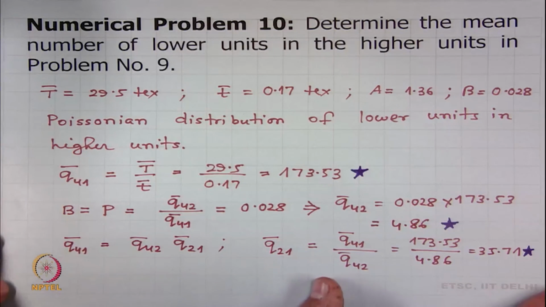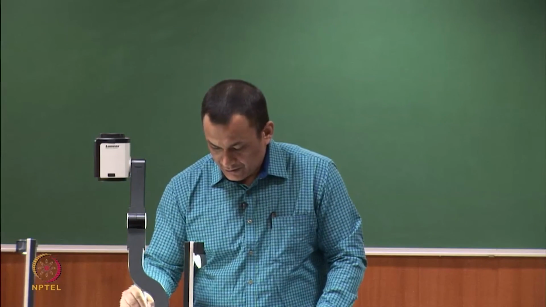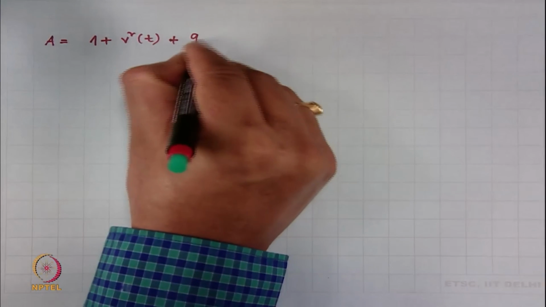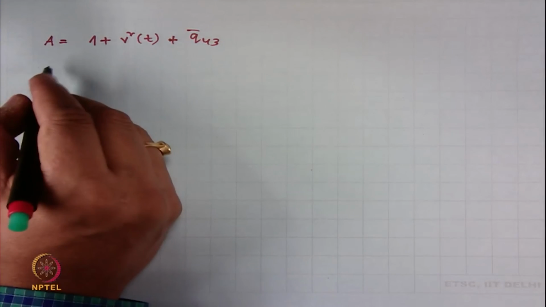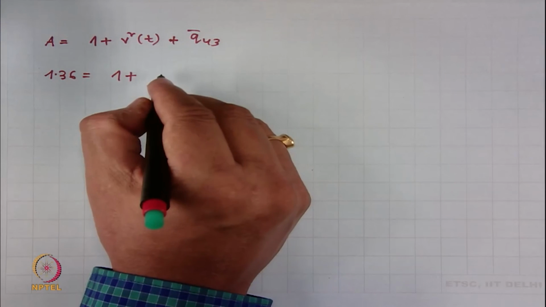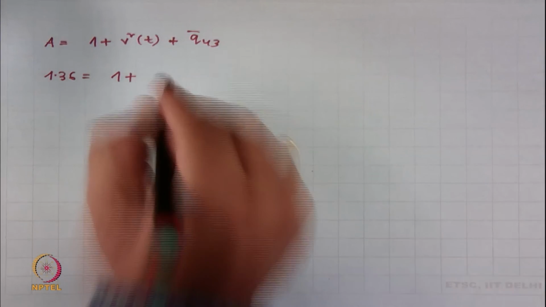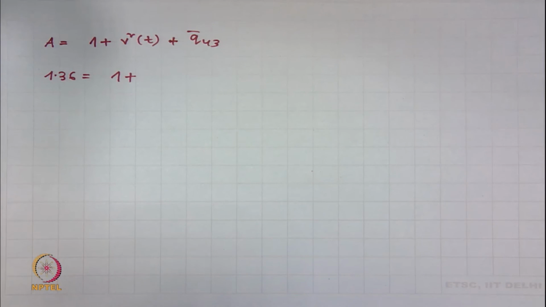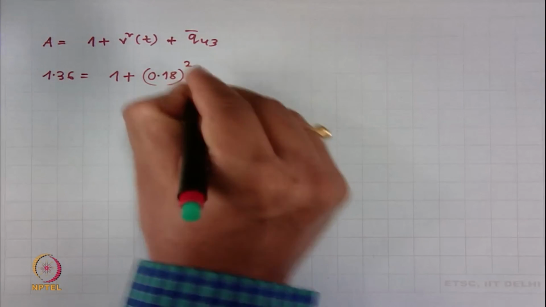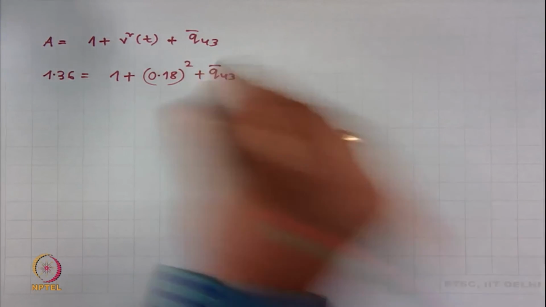Then we use this expression A is equal to 1 plus V square T plus Q43. Now, A is given, A is your 1.36, 1 plus V square T is also given in this problem, 0.18 plus Q43.